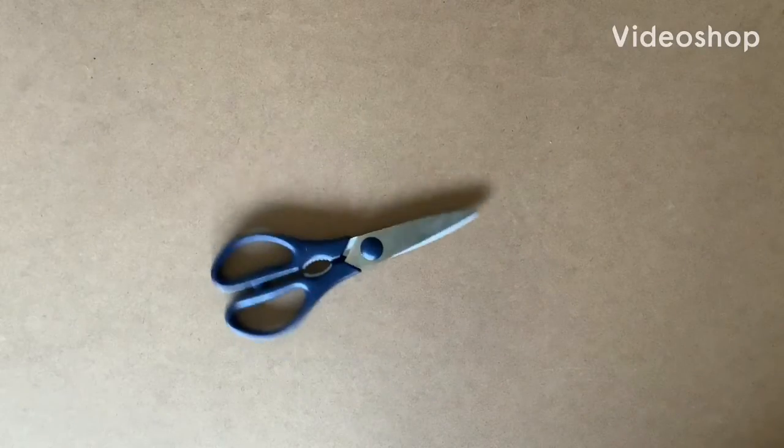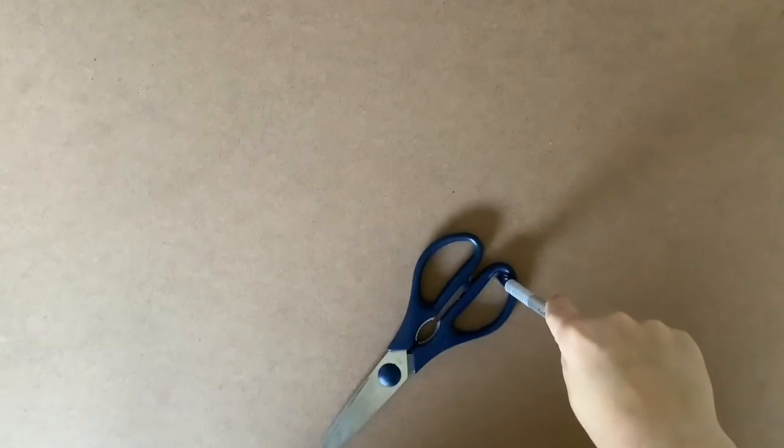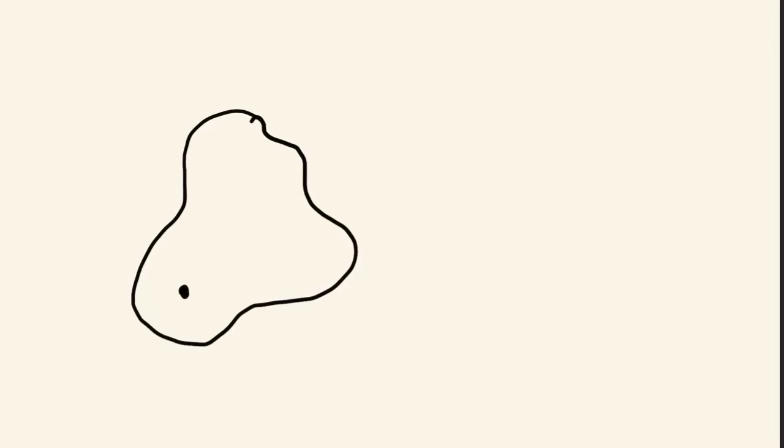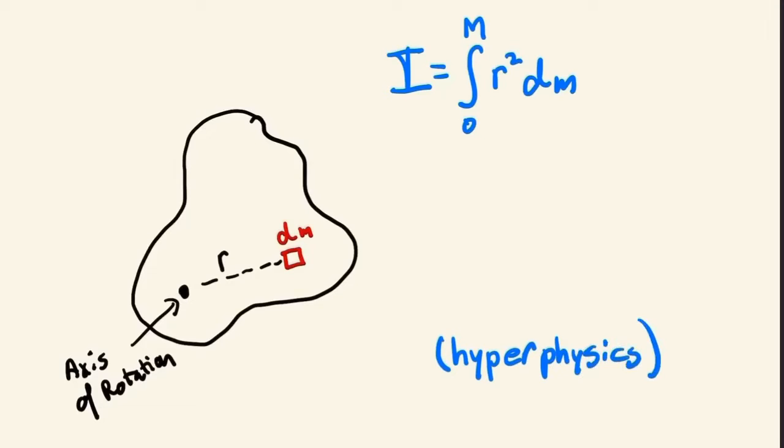This accounts for how difficult it is to start something rotating. Moment of inertia relates every part of an object's mass to its axis of rotation. This can be done in several ways depending on the system, but in its most general form, it's written as the integral over the mass of r squared dm.